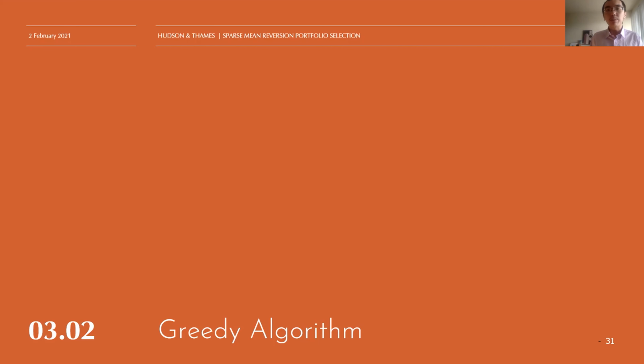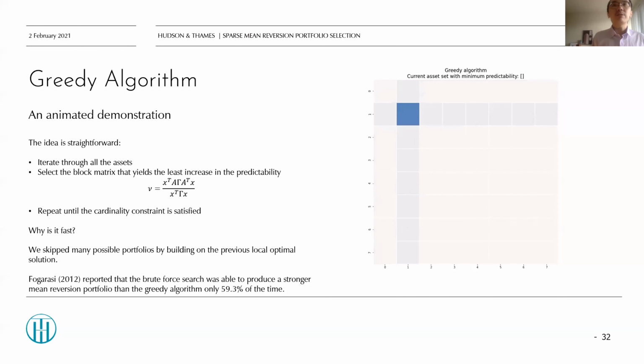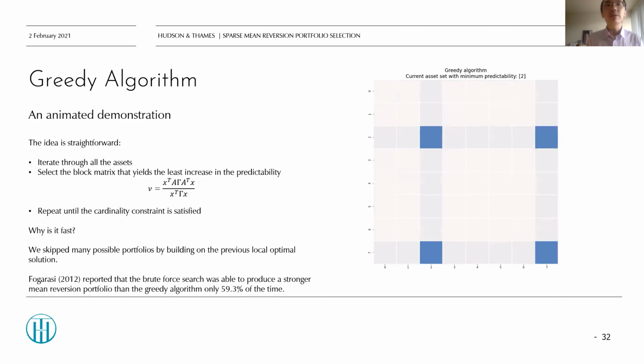So in order to obtain the portfolio weights, we're going to rely on the greedy algorithm and the convex relaxation framework. The greedy algorithm is rather straightforward. We will iterate through all the assets, and we will select the block matrix that yields the least increase in the predictability.